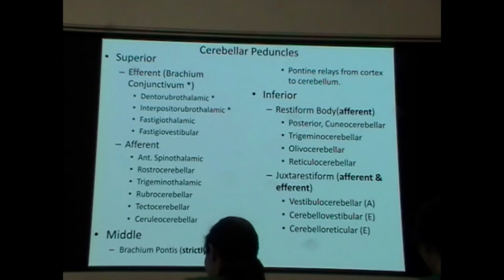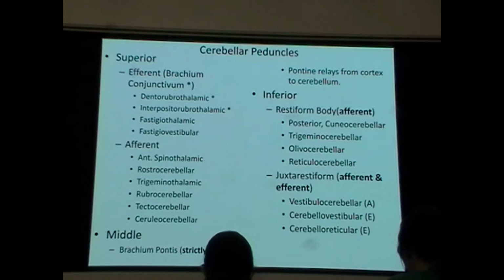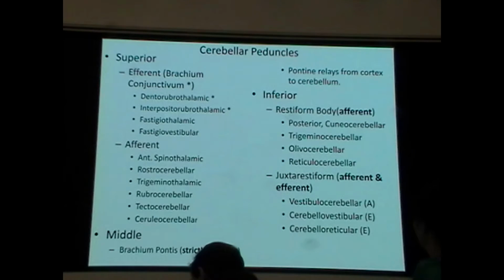The inferior cerebellar peduncle can be divided in half. There is what is referred to as the midline portion of this arm. If you remember, two of the spinocerebellar pathways enter into the cerebellum via this peduncle: the posterior and the cuneocerebellar pathways.